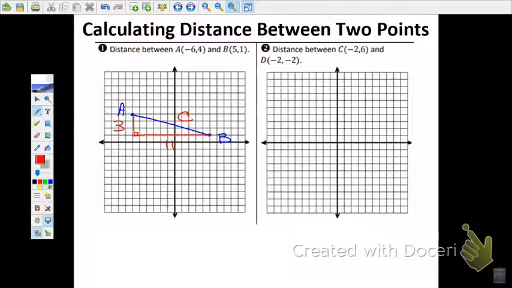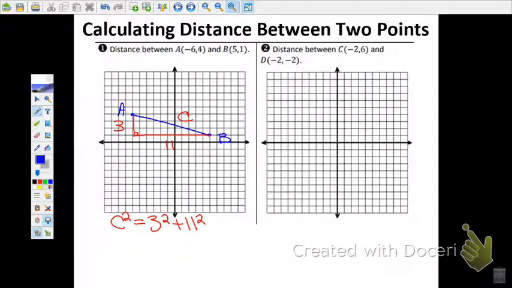Okay, so now we've got our right triangle, so we're going to put that into Pythagorean theorem. So C squared equals 3 squared plus 11 squared. So again, you need to be writing that on your paper.